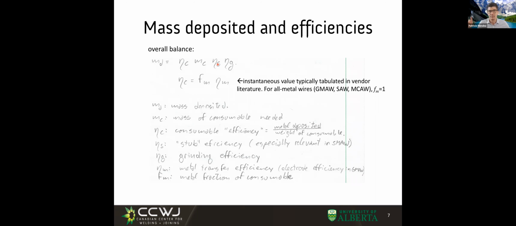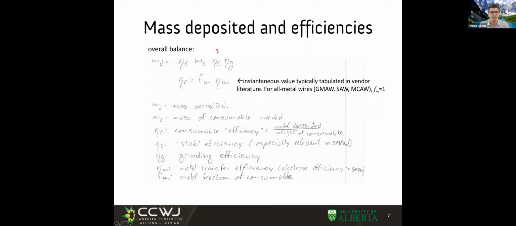That means I'm not burning all of the electrode, which is relevant especially for the stick electrode. And then I have a grinding efficiency. That means I put down all this metal, but after having put it, I grind it off because I need to clean up my wagon tracks or whatever other defects I might have.